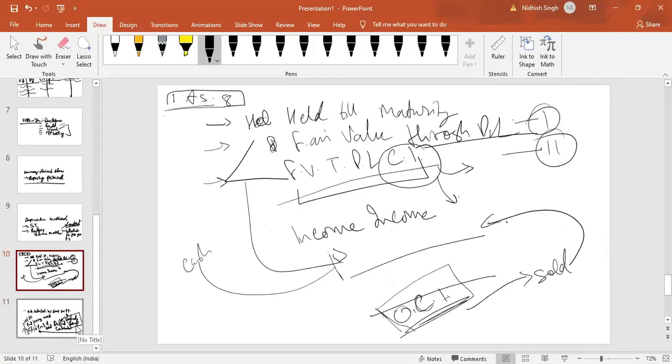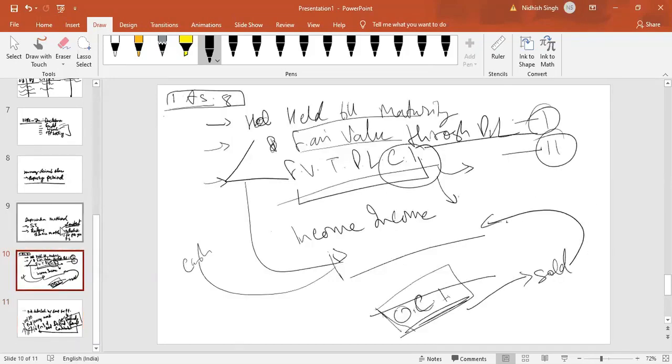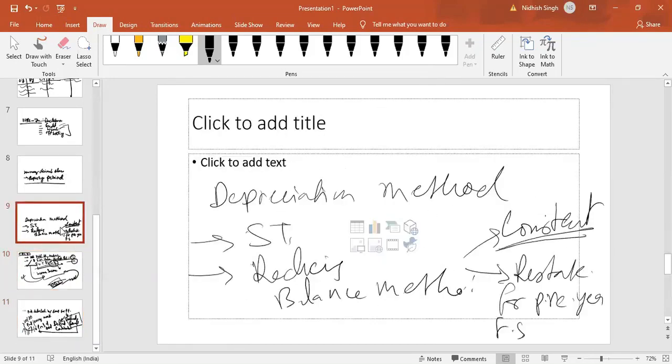So this kind of classification is needed on the face of the primary statements. When I say primary statements, I mean balance sheet, profit and loss, cash flow, and statement of changes. We need to keep headers like held till maturity, fair value through P&L. There should be separate line items maintained in the balance sheet. And once you have a line item maintained in the balance sheet, you need to maintain similar line items in the P&L as well. Why?